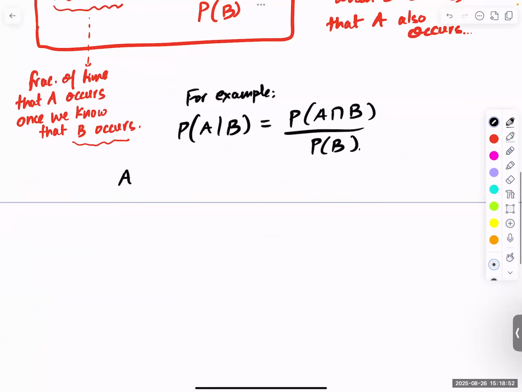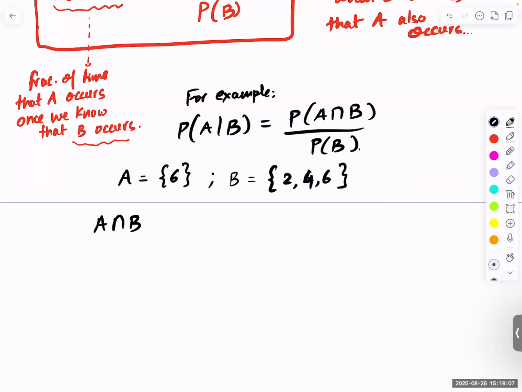What was A? A corresponded to the set of single outcome 6, and B was the set of even numbers, 2, 4, and 6. So we can write down A intersection B: A intersection B is the set 6, and B is this guy, right?